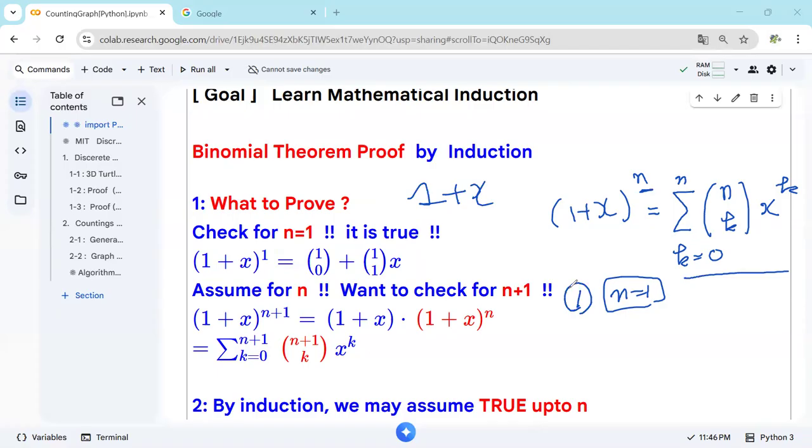The second step is to assume that this formula holds for up to n, that is, for n equal to 1, 2, 3, up to n.